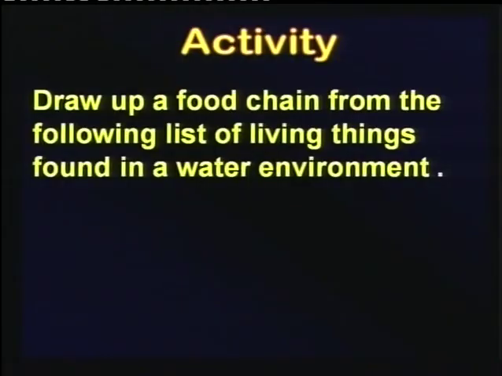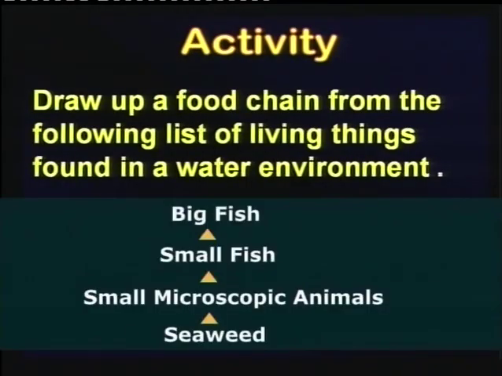Very good. Now, we are going to go into our activity. For our activity, this is what we are going to do. You draw up a food chain from the following list of living things found in the water environment.